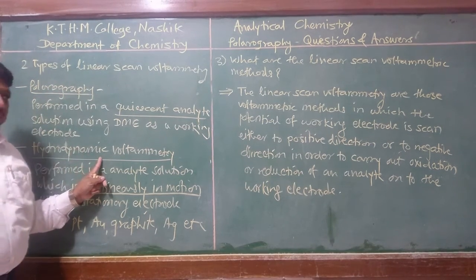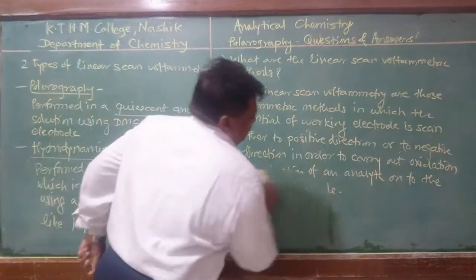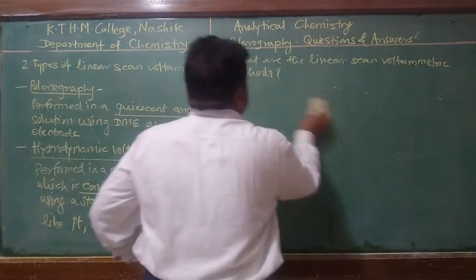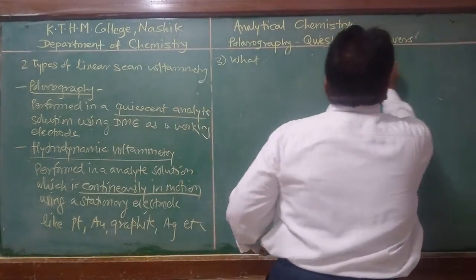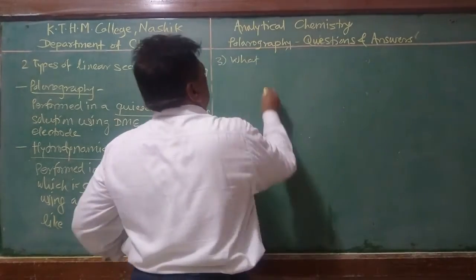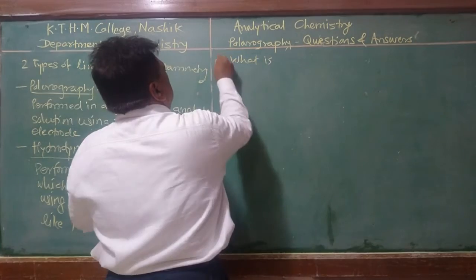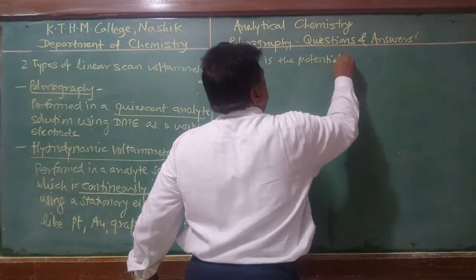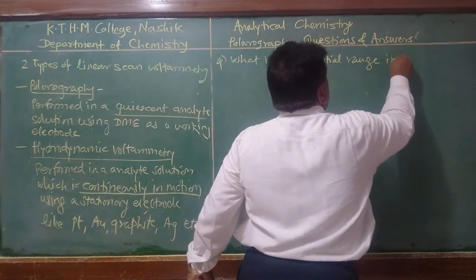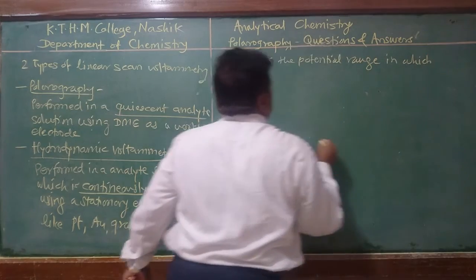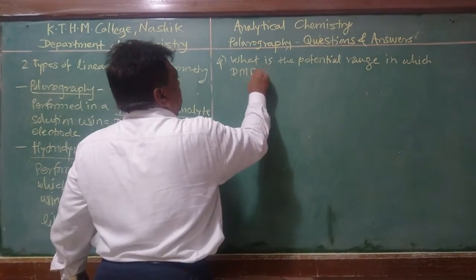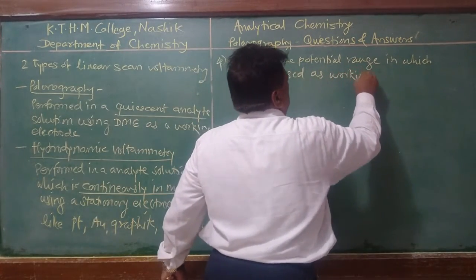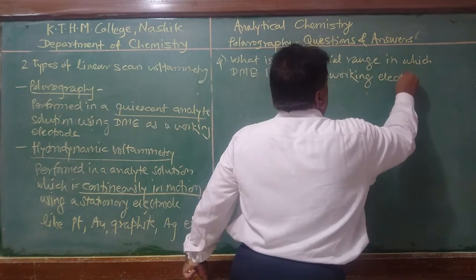Students, the next question is related to the working electrode. Question number 4: what is the potential range in which DME is used as working electrode for polarographic analysis?